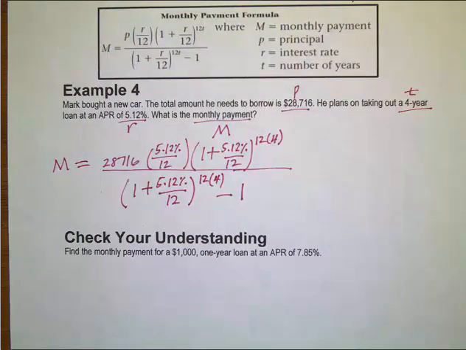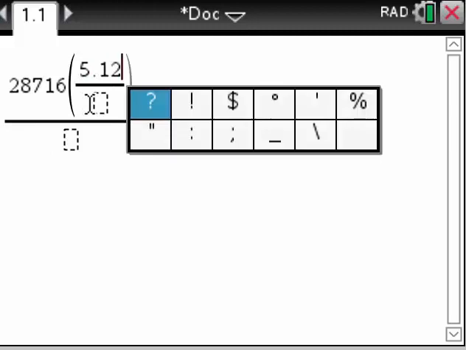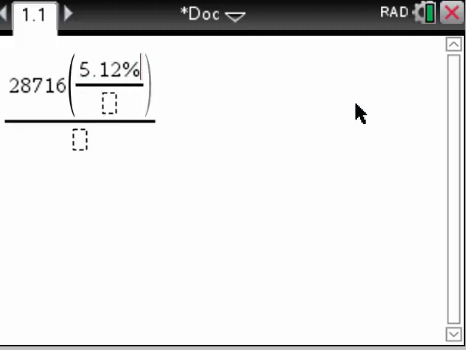So go ahead and grab your calculator. So to do a top-bottom fraction, and it's very important in this type of question, control and then division. 28,716, parenthesis. Now we need another top-bottom fraction, so we're going to do control division. 5.12, and we need our percent symbol, which is next to the letter G, over 12.